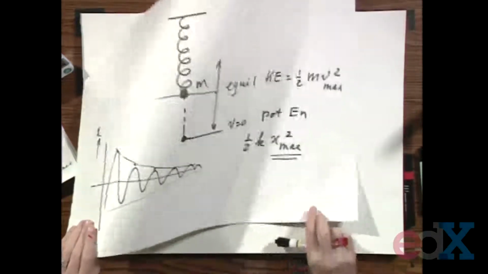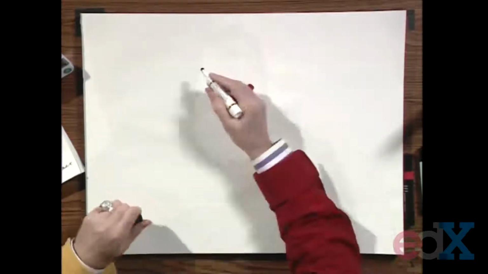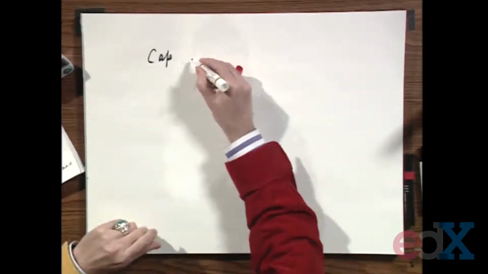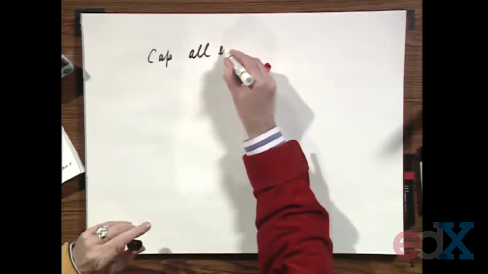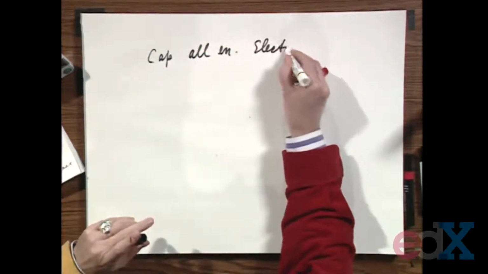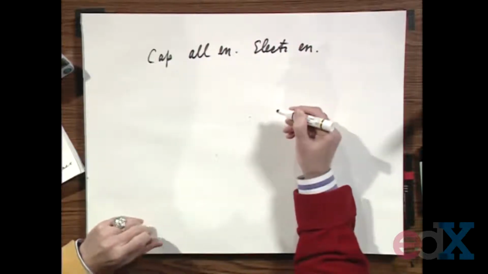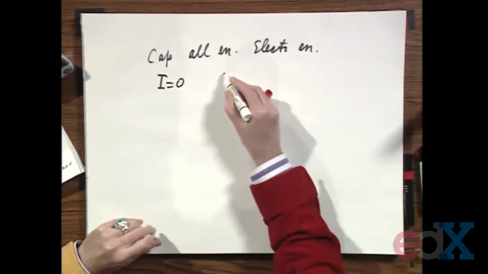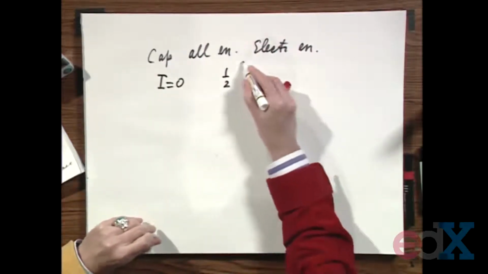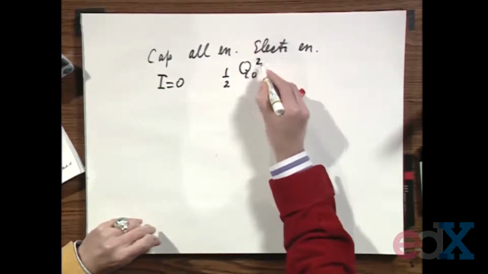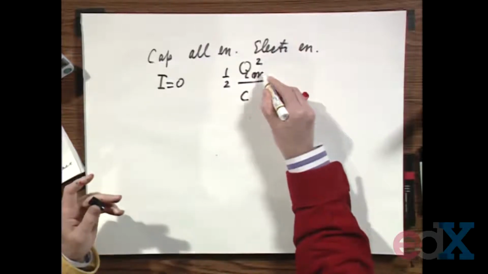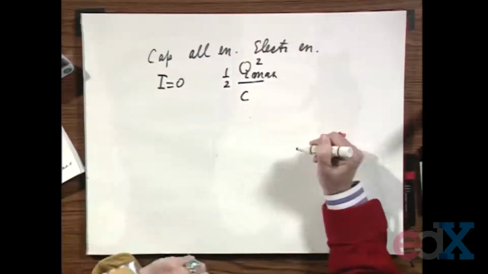Now in a similar way, with the RLC circuits, as the currents oscillate back and forth, there is a time that the capacitor has all the energy in the form of electric energy. That is the situation when I equals 0. The energy in the capacitor is then 1/2 Q0 squared over C, the maximum value possible, which decays with time.